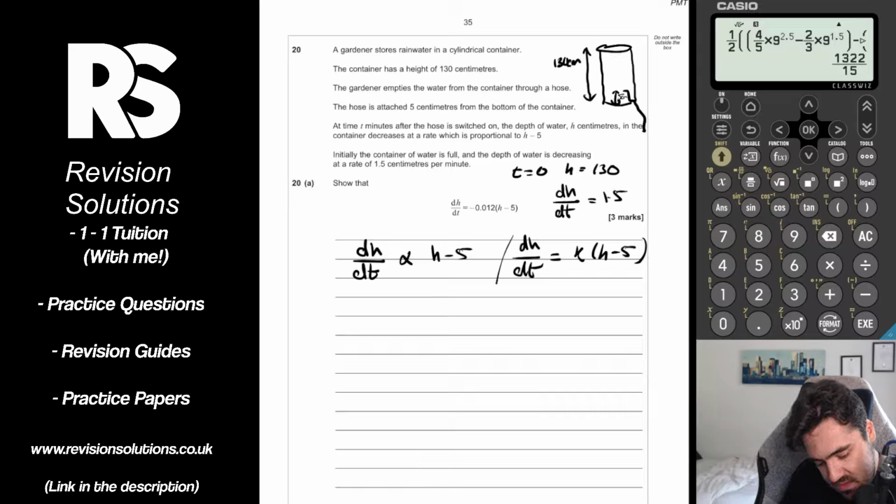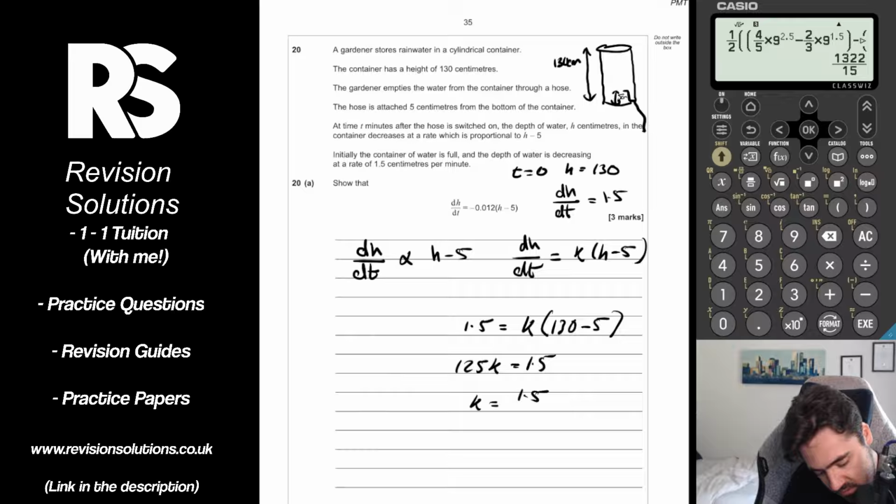So if we just use this and the information we were given, we know 1.5 must equal k times the h at that time, which was 130 minus 5. Then we get 125k equals 1.5, and then k is 1.5 over 125.